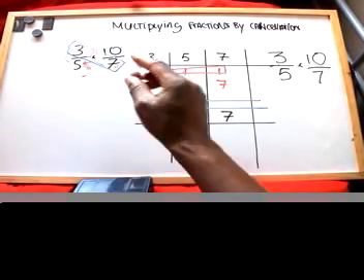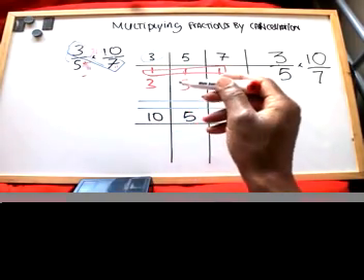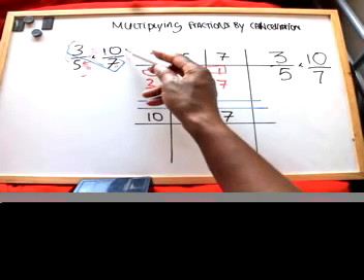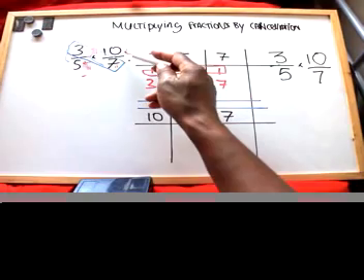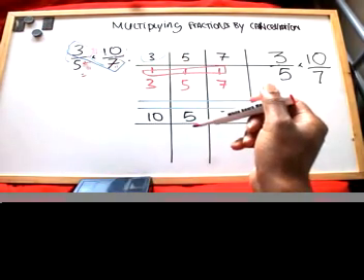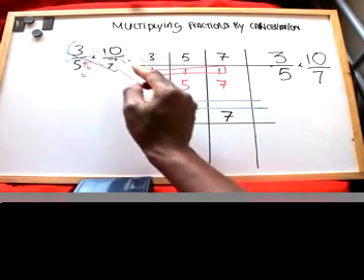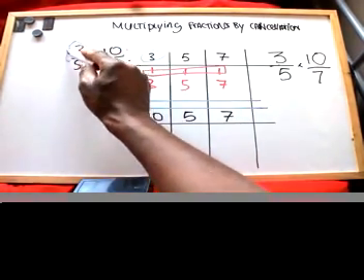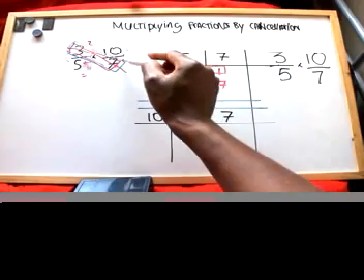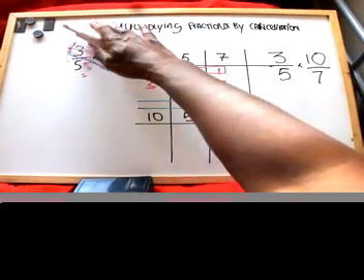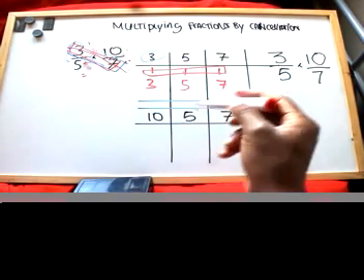So now let's go to the second numerator, 10, and ask ourselves again, are there any common factors between this numerator and that denominator, or 10 and the other denominator? And we can do this because we haven't found a pair. If we had found a common factor between 3 and 7, we could cancel that out, but we haven't found anything, so we can still use 10 and 7 and 10 and 5.